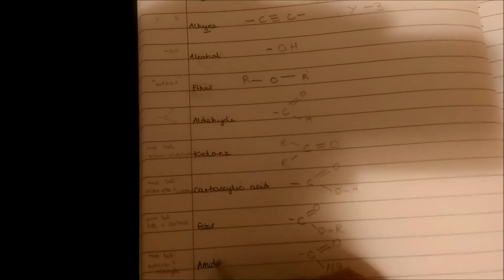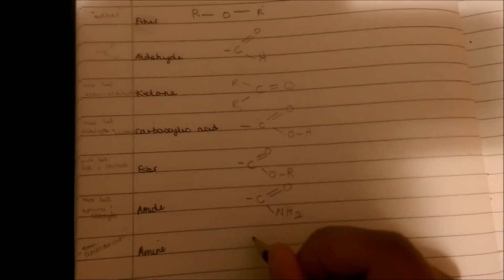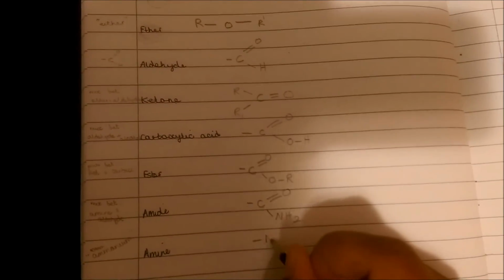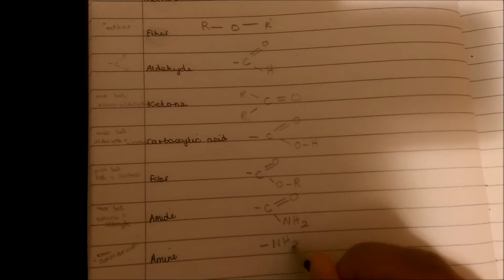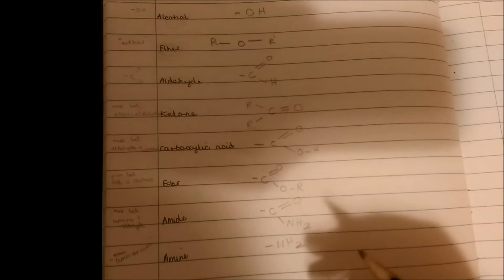Now the amide is a mix between the aldehyde and the amine. The amine we'll be covering later. The amine looks somewhat like this. Now, the way you memorize the amine is you think of ammonium.